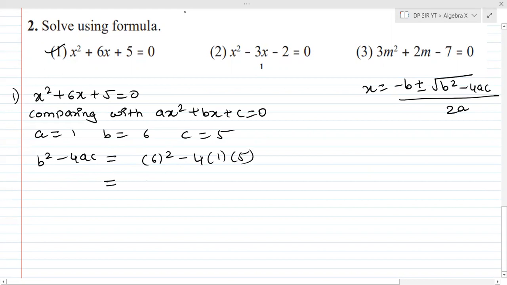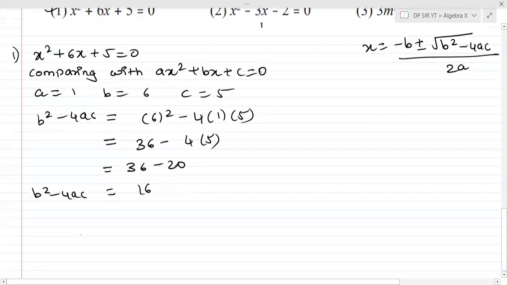See, we are doing normal substitution. There is nothing tough in this. 6 square is 36 minus 4 into 1 is 4 into 5 is 20. I'm solving each and every step for you. 36 minus 20 is equal to 16. Therefore, b square minus 4ac is 16.